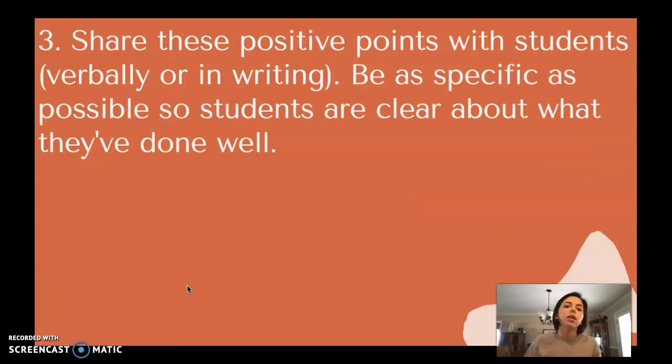Step 3, share these positive points with students verbally or in writing. Be as clear and specific as possible so students are able to understand what they've done well.